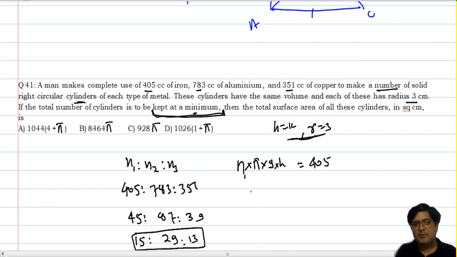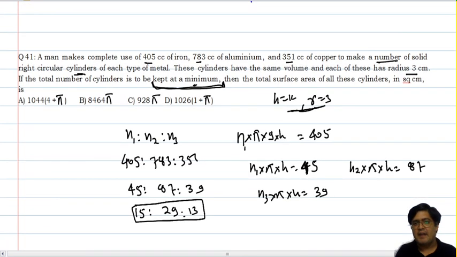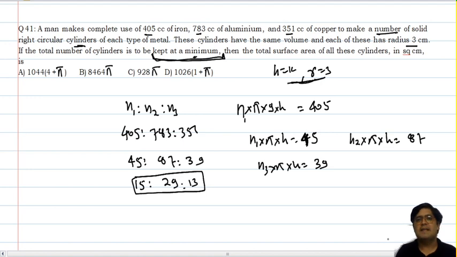This gives me N1 into pi into h as 45. What is the benefit of this if you ask? In the similar manner, I can find N2 into pi into h as 87 and N3 into pi into h as 39. The benefit of this is I'm trying to find total surface area of all of these combined.